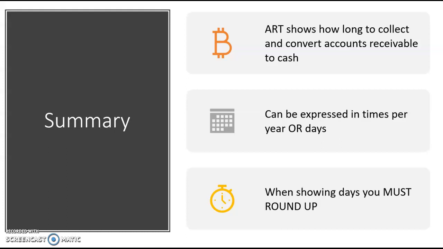Remember though, when you are expressing it in days, we always round up to the next whole day, no matter what the decimal point is, whether it be 0.1, 0.8, we take it up to the next whole day because it's taking more than that previous day to collect.